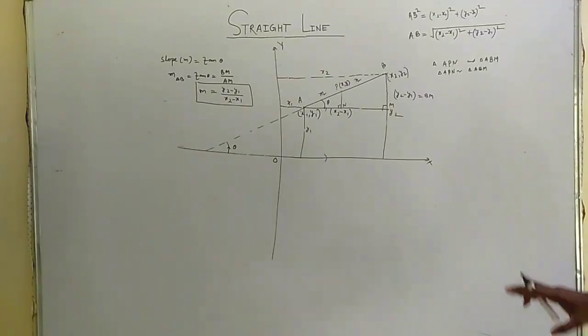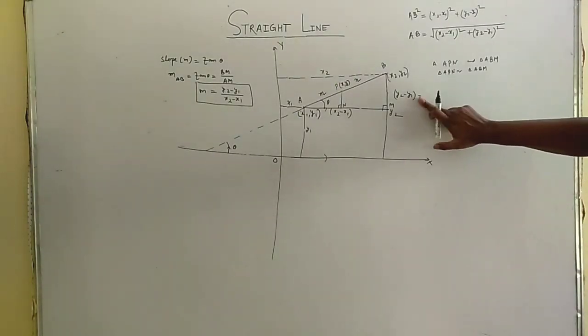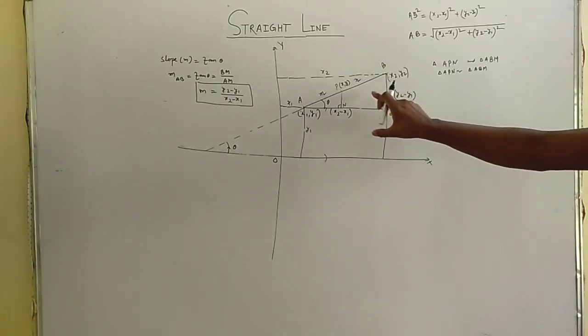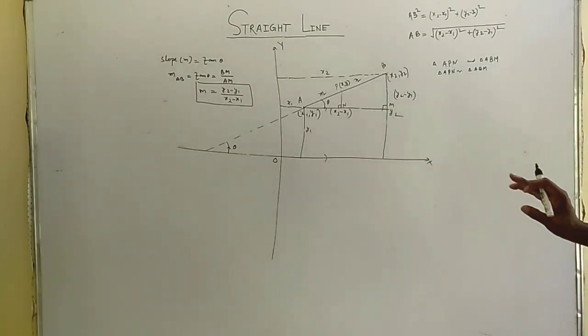Now let me remove this part because this is coming in between. You know that when two triangles are similar, their corresponding sides are proportional.